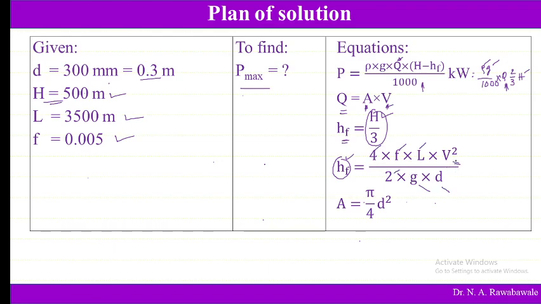From this equation we can find velocity, and that velocity can be substituted to get q, and this q value we can substitute in the first equation to get the maximum power to be transmitted. So let us start to solve this problem.